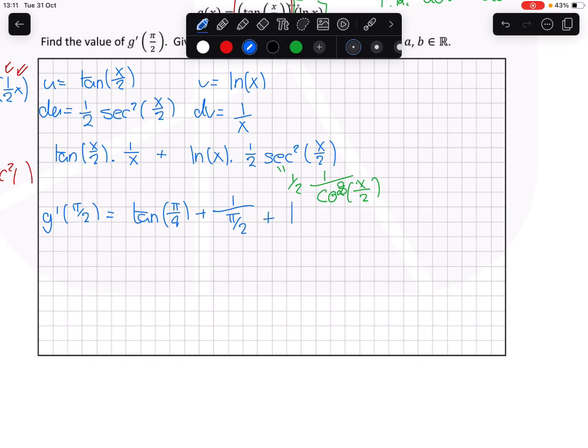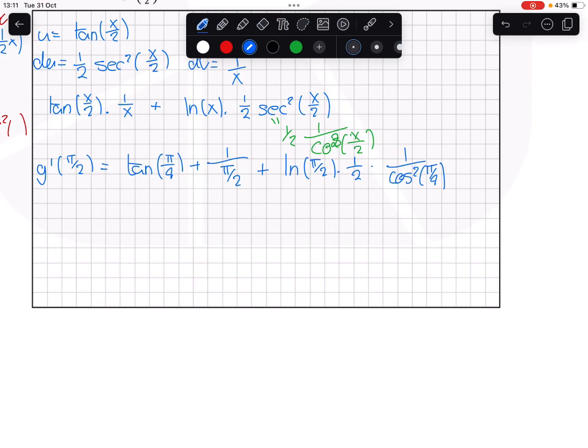And then we have the natural log of pi over 2 multiplied by a half, which again is multiplied by 1 over cos squared of pi over 2 divided by 2, so that means we're going to have pi over 4.